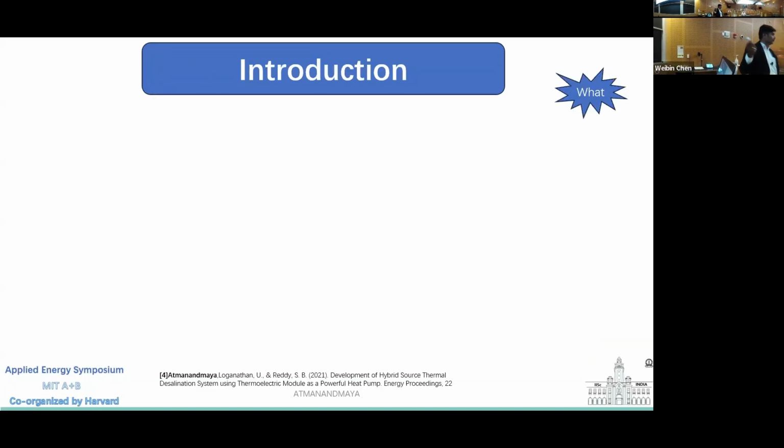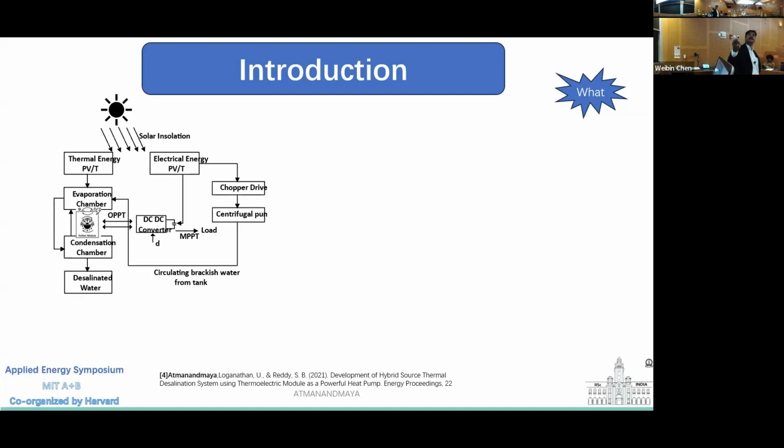Now comes the question: what is a hybrid source thermal desalination system? In the previous keynote talk, Professor V was asking about the membrane-based desalination system. I'm telling you about a thermal desalination system where the energy is thermal. But it is a hybrid source where I'm using both thermal energy and electrical energy. The thermal energy I'm mimicking by using a heater, and the electrical energy I'm getting from the photovoltaic thermal.